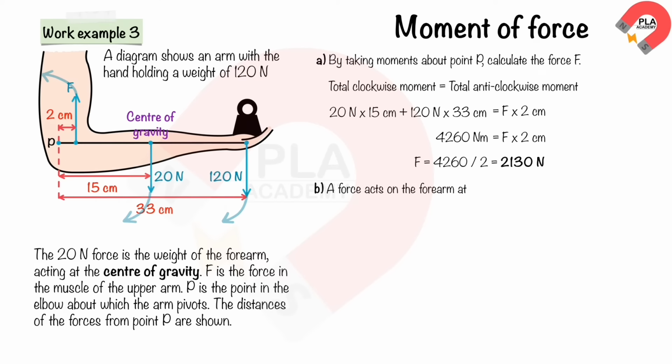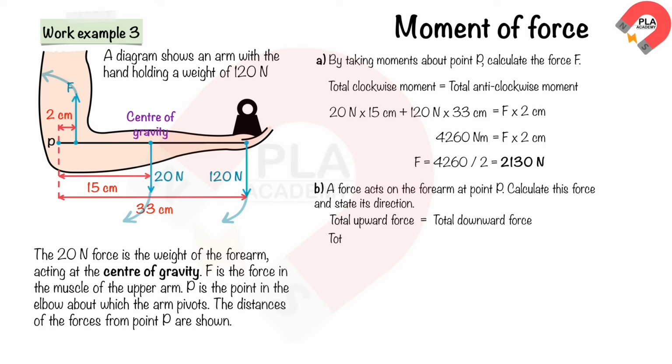A force acts on the forearm at point P. Calculate this force and state its direction. We can apply total upward force acting on arm equals total downward force acting on arm, due to equilibrium of arm. Total upward force equals 2,130 newtons. Total downward force equals 20 plus 120, which is equal to 140 newtons.